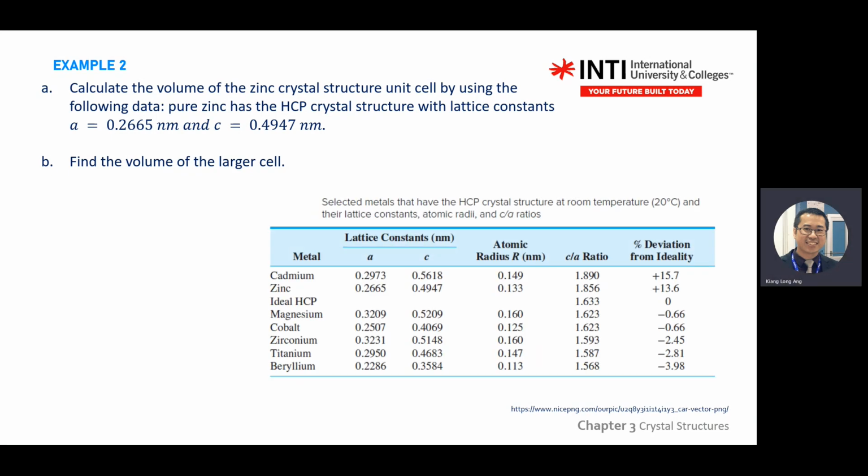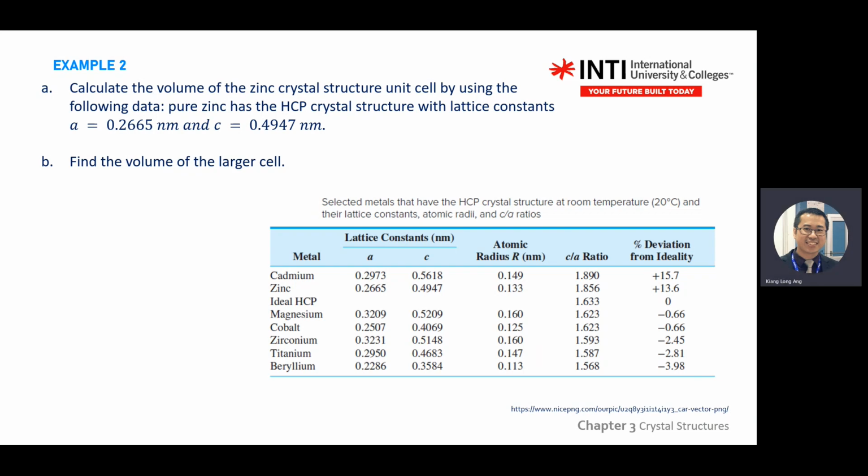You're given this table most of the time. Zinc is this one. For zinc, the lattice constants are A and C that I showed you just now. A is 0.225, C is 0.4947. The atomic radius is 0.133.